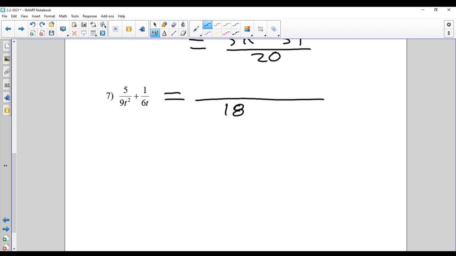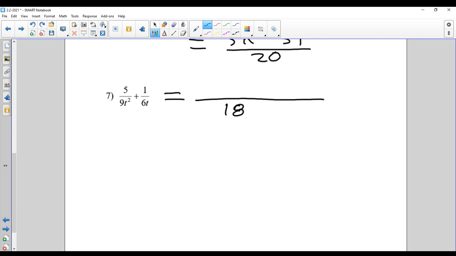And I always say, look for the highest exponent and go with that. The highest exponent here is t squared. You'll see in a minute why this works. So I'm going to go with the t squared. If there was a t cubed, if there was a t to the power of 5, I would have gone with that. But the highest exponent of all of these t's is t squared.